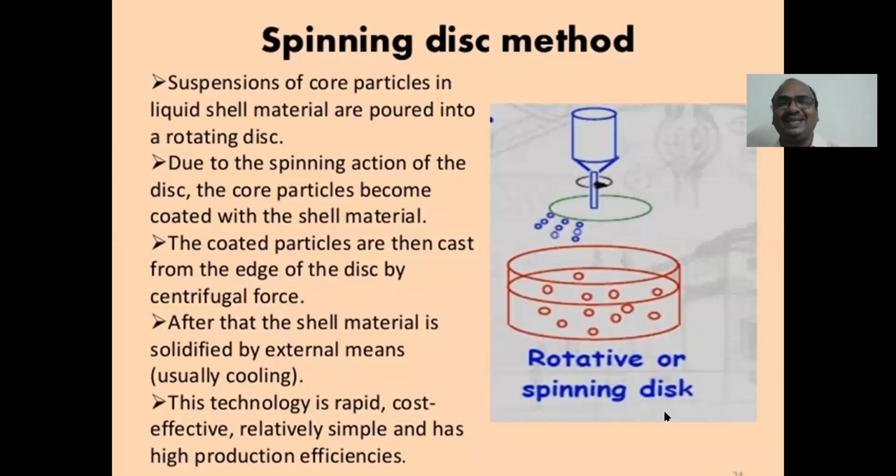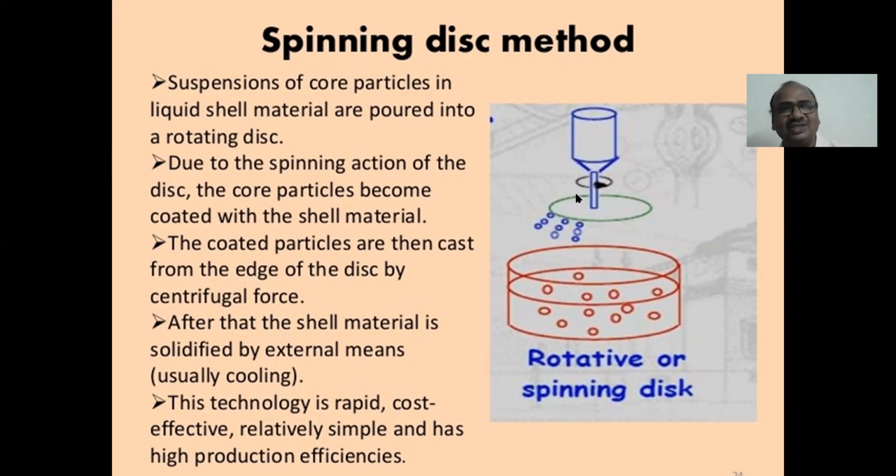And spinning disc. See, the name itself indicates spinning. Here a disc will be there. This disc has a number of holes. The solvent with core particle plus shell material, you have to suspend here, and you rotate the disc at a high speed.